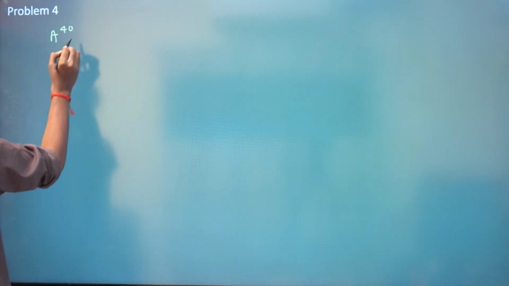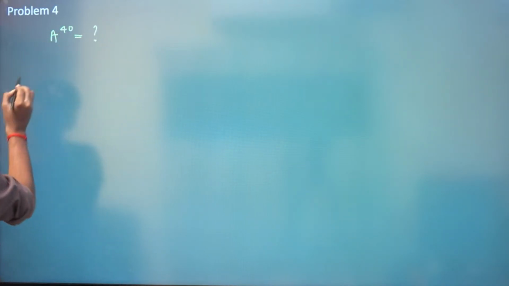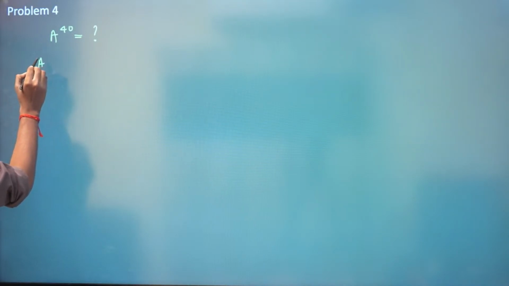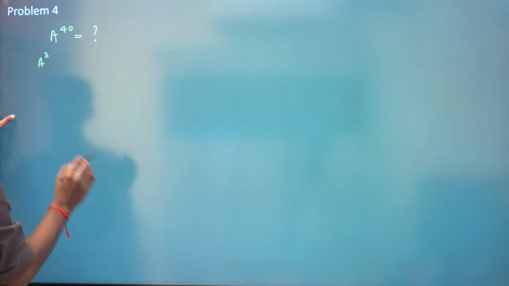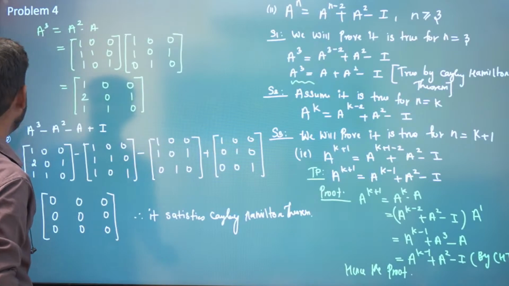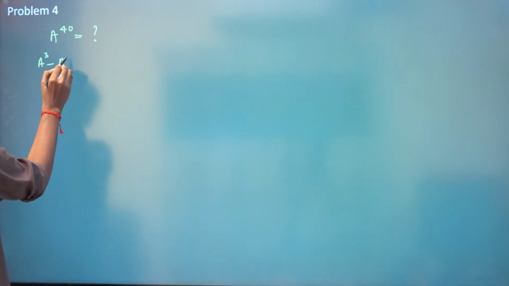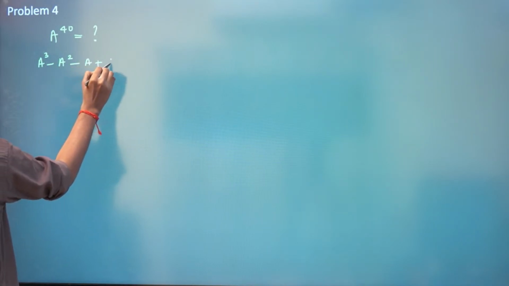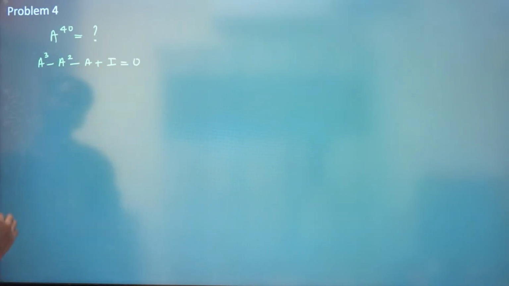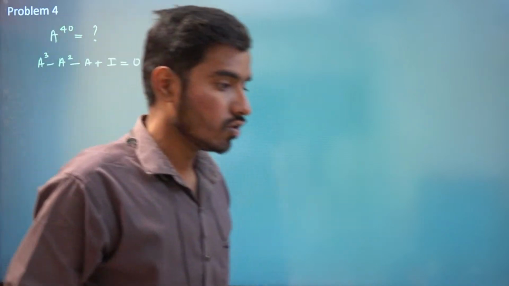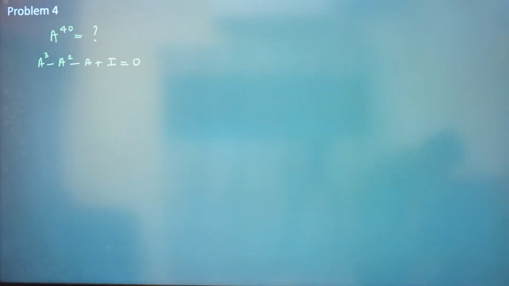We know that a cube minus a square minus a plus I is equal to 0, right?